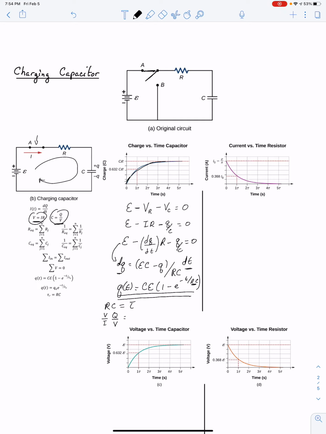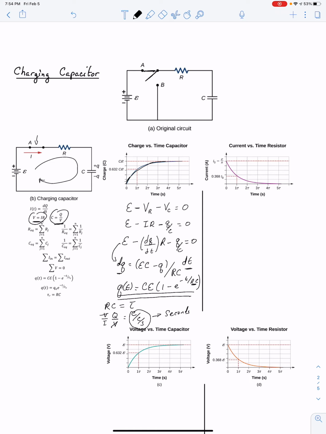Then we would cancel voltage on each side and rearrange this. So now charge is coulombs, right? Charge is representative of the unit coulomb. And then current is representative of coulombs per second. This term right here turns into seconds because the coulombs cancel out and all you'll have left is seconds. So this is a time constant.